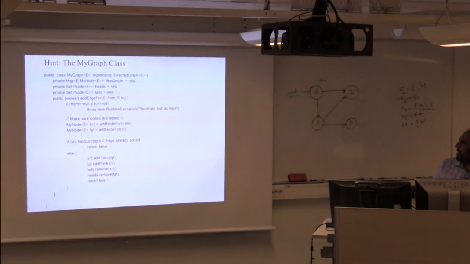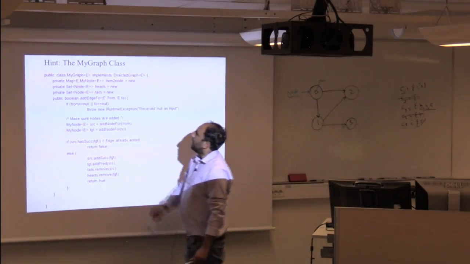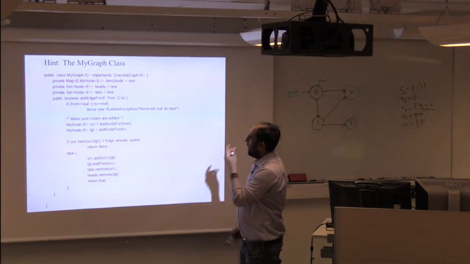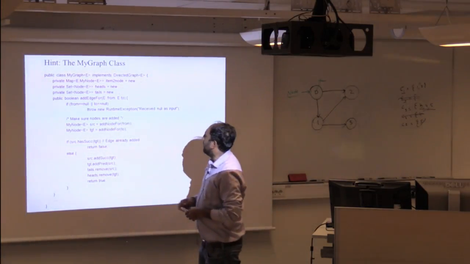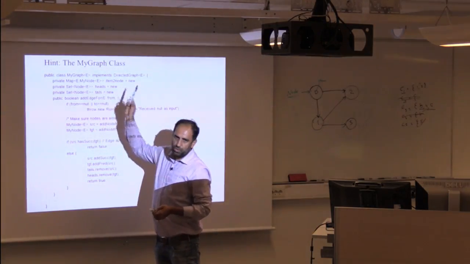And similarly, there's some code from my implementation of MyGraph. This class should implement the interface DirectedGraph. And here I use heads and tails, just to find that out. I don't know which data structure you want to use.